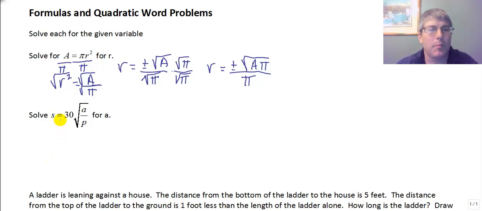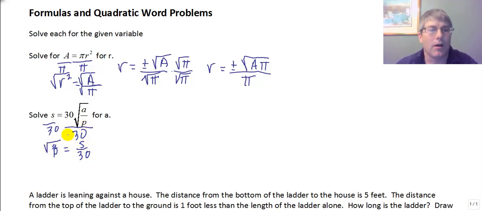Our second sample problem, we want to solve S equals 30 times the square root of A over P for A. So similarly, we want to go ahead and isolate the square root. So I'm going to divide both sides by 30. So we get the square root of A over P equals S over 30.